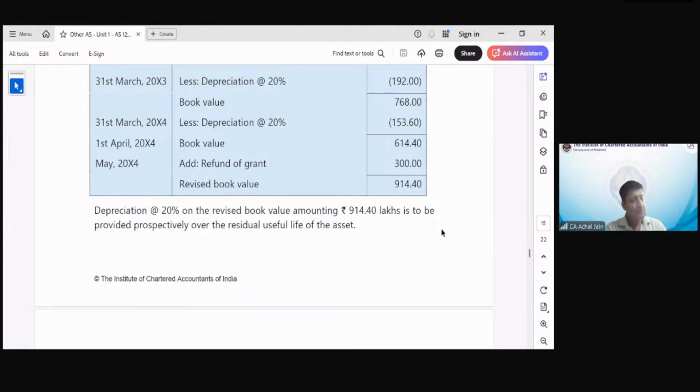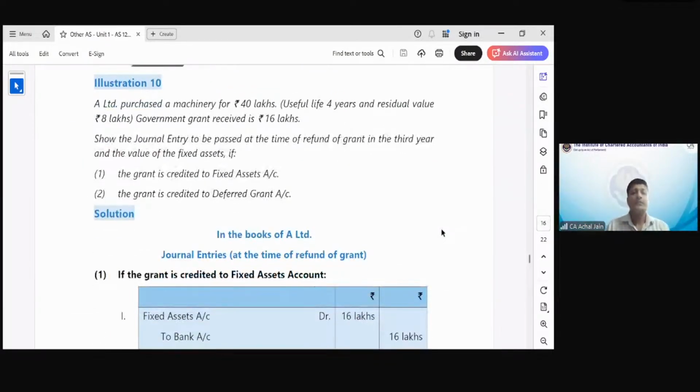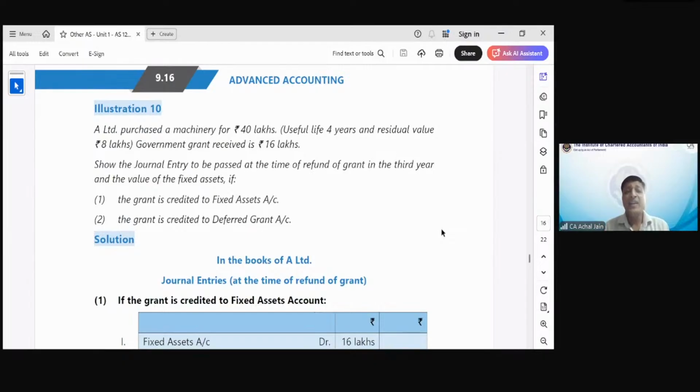Now, moving further. A Limited purchased a machine for 40 lakhs. Its useful life was 4 years. Residual value was 8 lakhs. Government grant received is 16 lakhs.